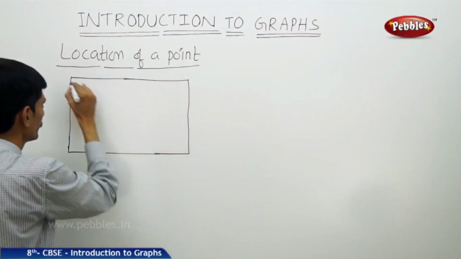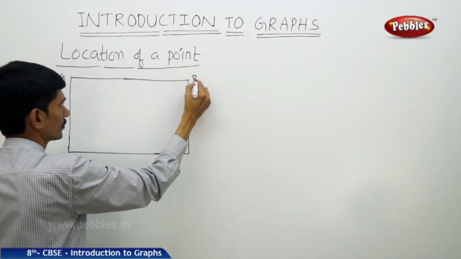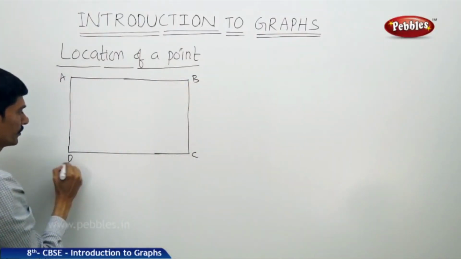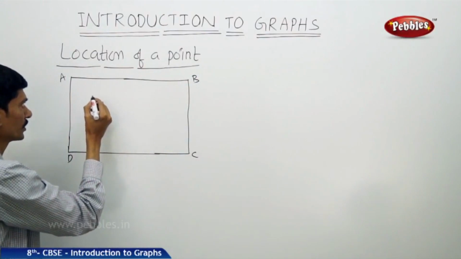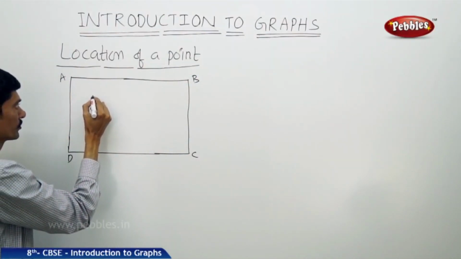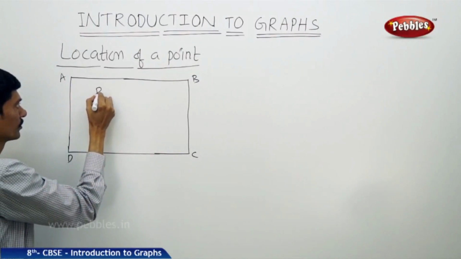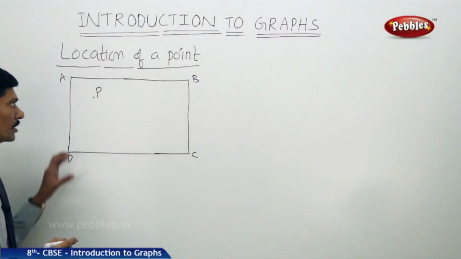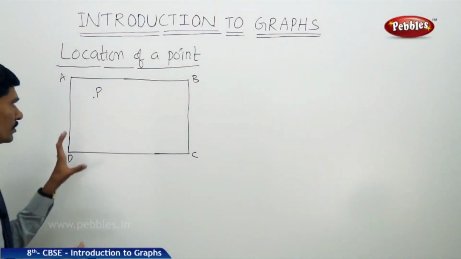So consider this ABCD is a blackboard. Now the teacher puts the dot somewhere in the blackboard. So this point is P. Now she asks to describe the position of the point.